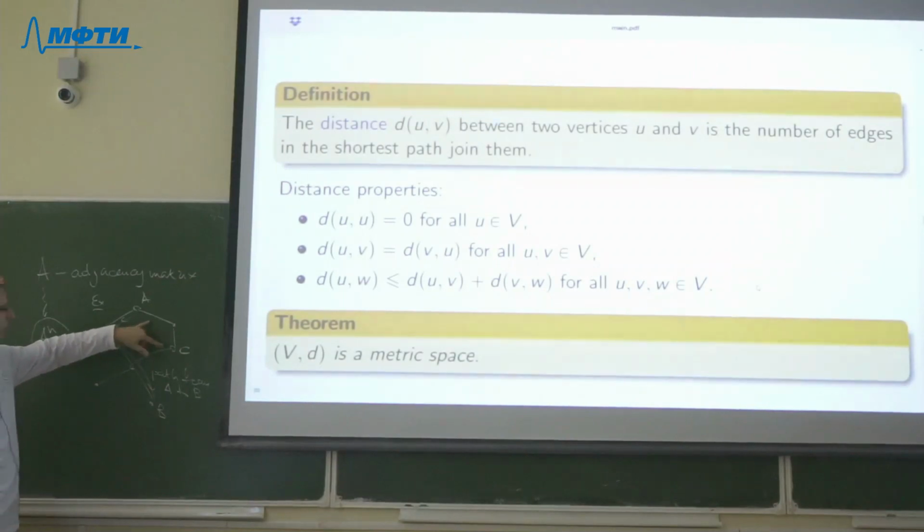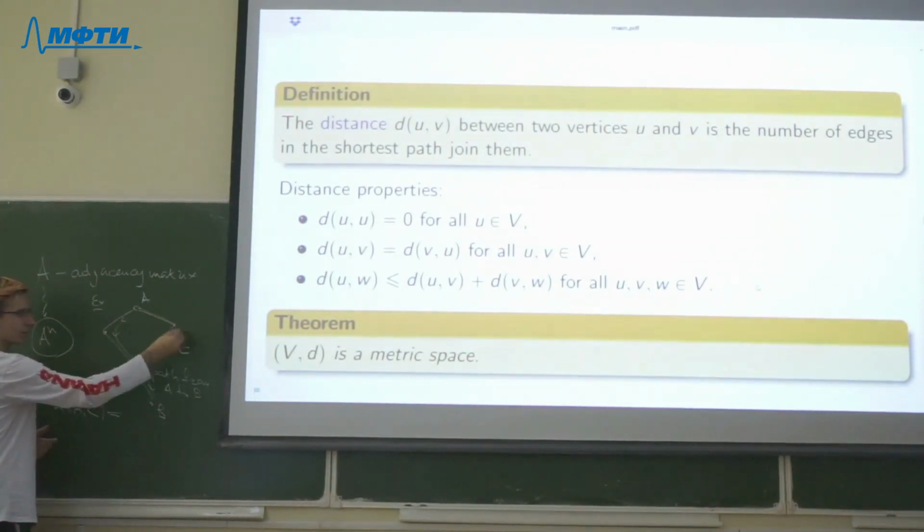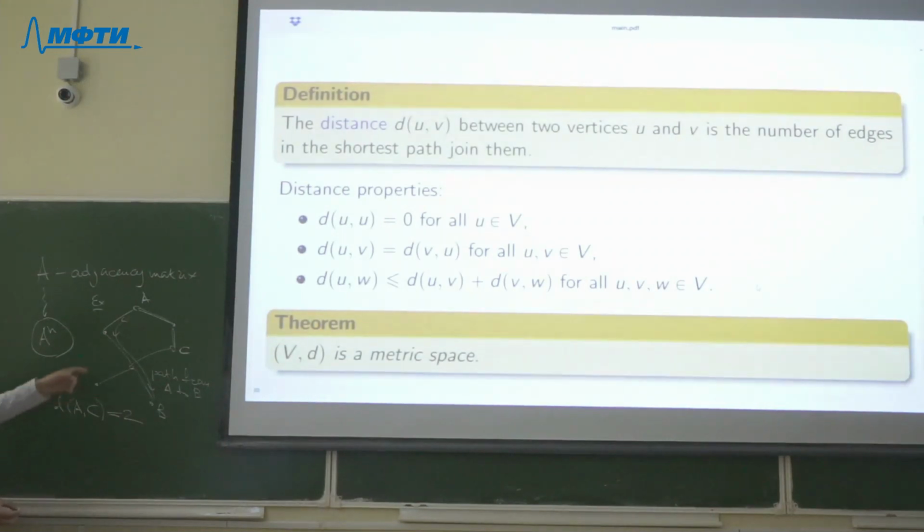For example, the distance between vertices A and C is equal to 2. Yeah. 1, 2. Two edges. And for example, the distance between A and D.